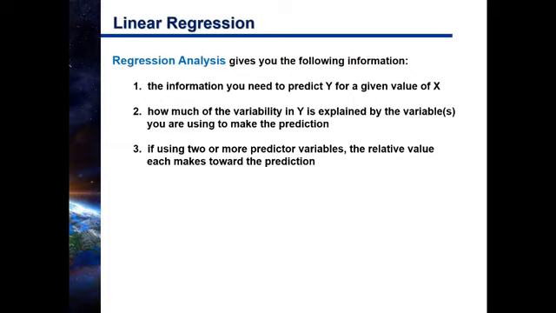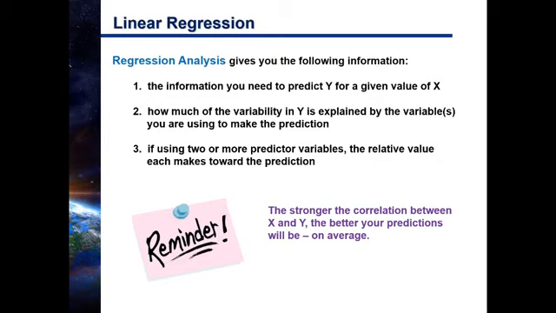Then we can actually figure out the relative contributions that each is making. In other words, we're going to be able to determine whether all three are making significant contributions to the prediction, or maybe only one of them is actually contributing significantly, or maybe there's two, all right, or maybe none. So we're going to be able to determine that if we're doing multiple regression.